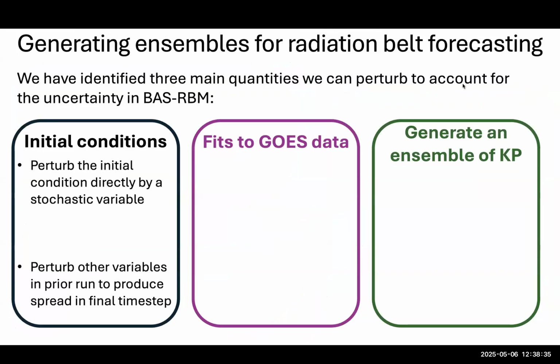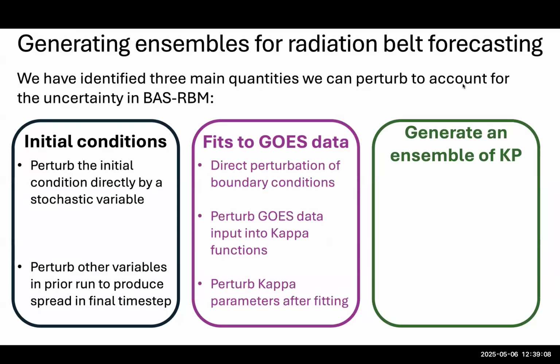There are a few ways to do this. For perturbing the initial conditions, we can just generate an initial condition and then perturb that directly by adding a random variable. Or we can produce an ensemble in the prior run to produce spread and uncertainty for an initial condition.